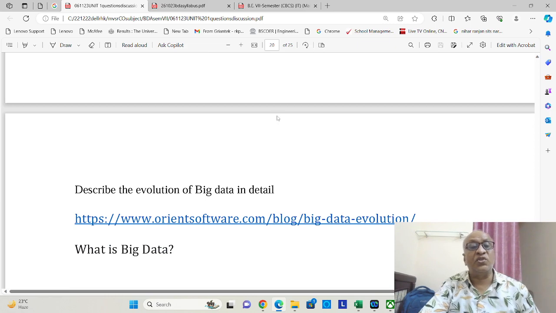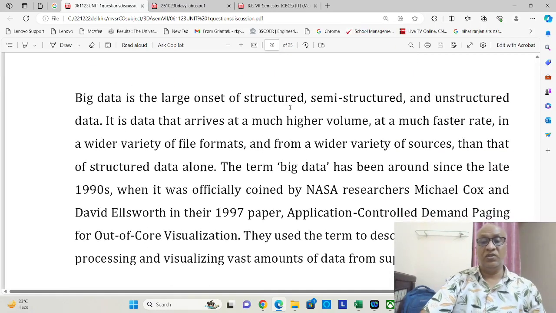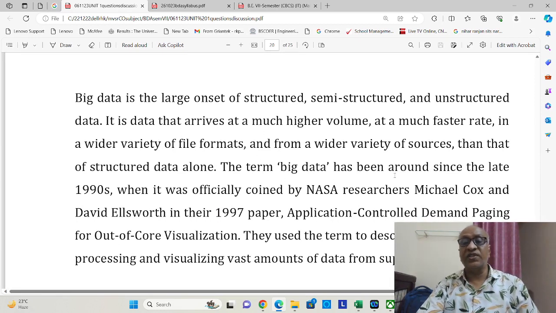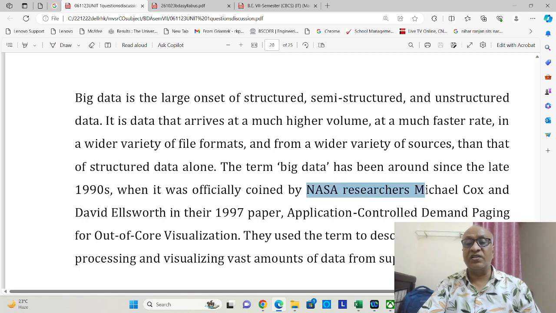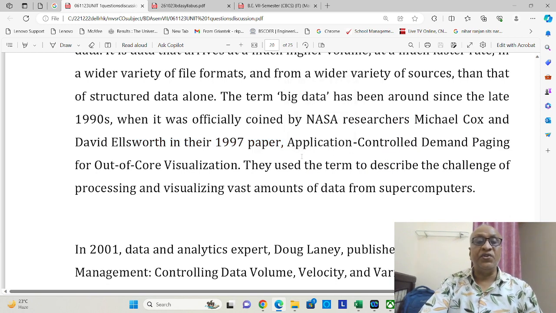Coming to the next question, what is the evolution of big data? Now, the big data term was first coined by NASA researchers Michael Cox and David Ellsworth in the 1997 paper Application Controlled Demand Paging for Out of Core Visualization.